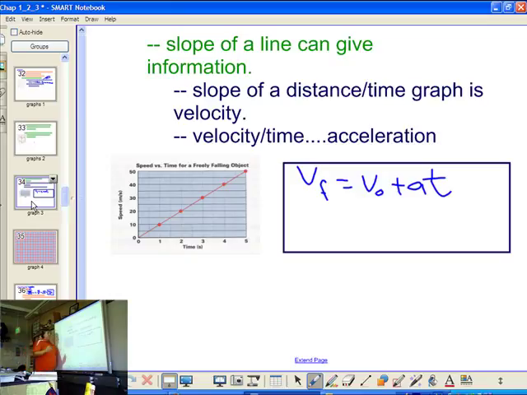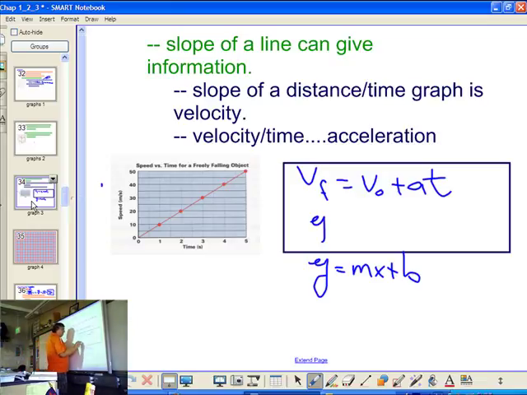This is kind of what you did here. But I want to show you. You might recall a line. Remember that formula? It's the formula for a line: y equals slope times the x value plus b. Well, we have to think on a velocity-time graph, where's time? Is time on the y or the x? It's the x-axis. Velocity is the y.